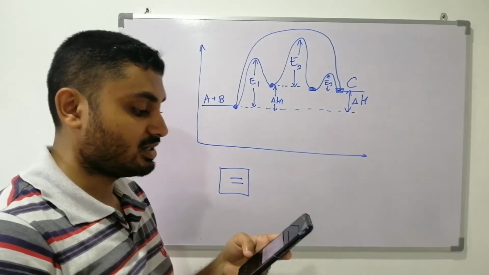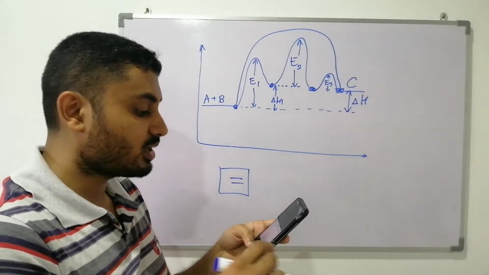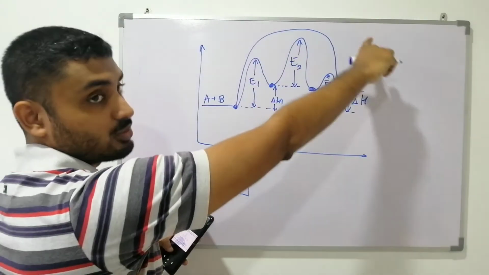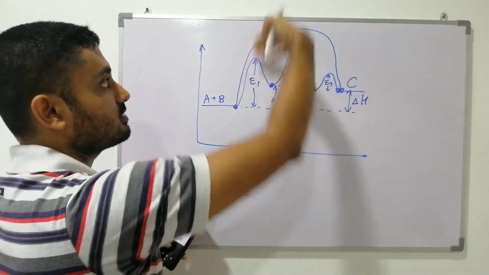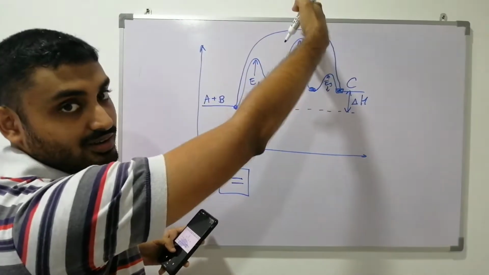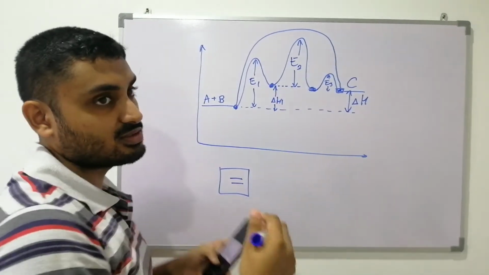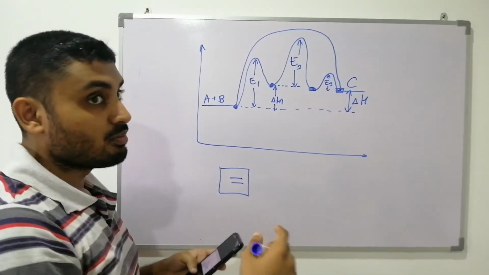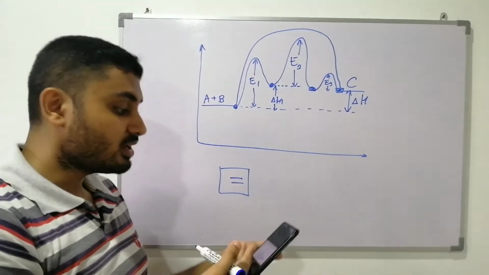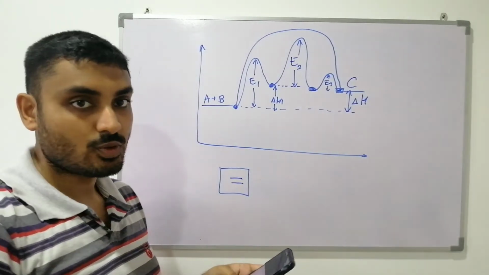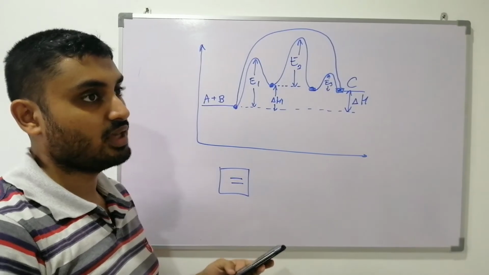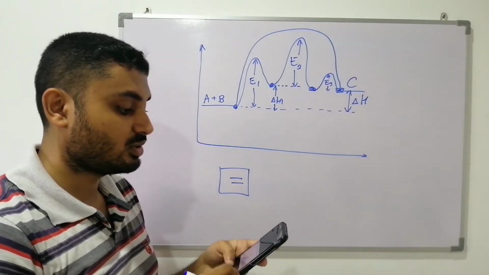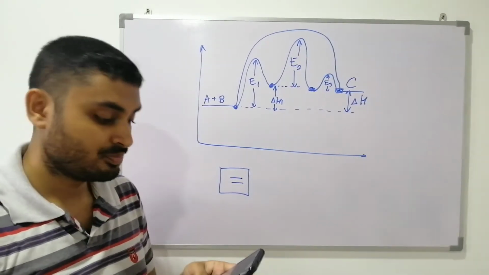E1 plus E2 plus E3 minus delta H1 can be a very large value. You can add them up and it will be all the way up there, and minus delta H1 causes only a small, negligible change. The activation energy may or may not be equal to that value. Maybe, but we can't guarantee it, so I refuse to accept the second option.